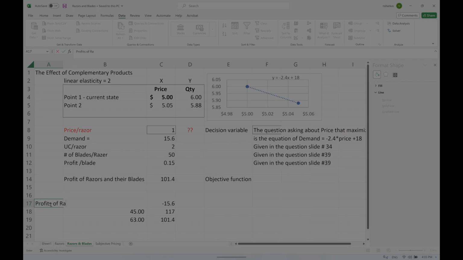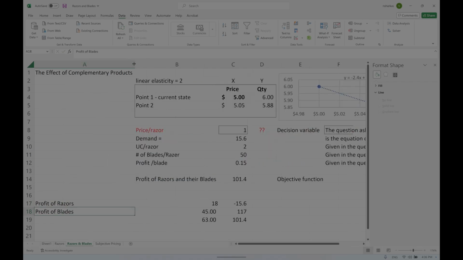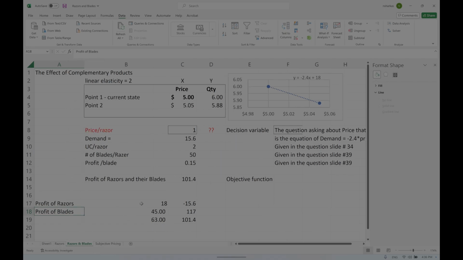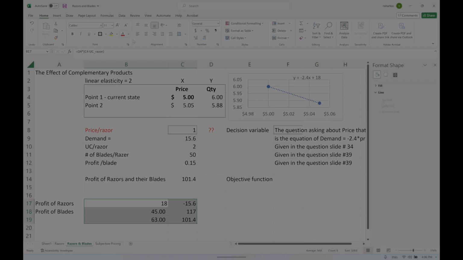Profits of razors, and then we have the profit of blades. So we have the profit of razors, and the profit of blades. I don't want it to be this big, just big enough to show everything. This is the profit of razors, this is the profit of blades, and as you can see, this would also be the profit per blade, but we're using the older demand versus the demand we need to stretch up to.